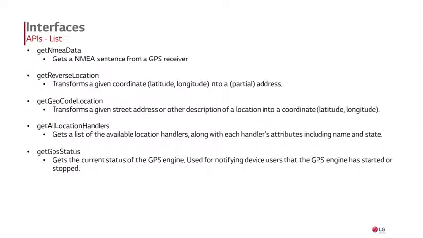Get all location handlers gets a list of all available location handlers along with each handler's sub attributes including name and state. Get GPS status gets the current status of the GPS engine, used for notifying device users that the GPS engine has started or stopped.